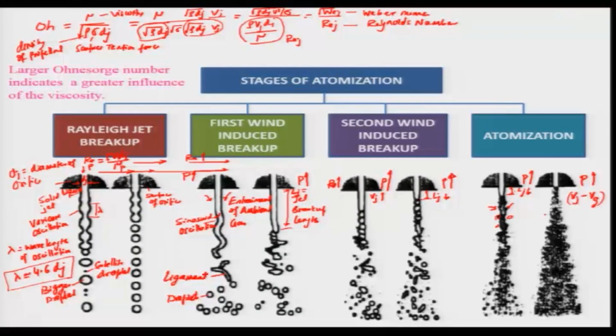So, the atomization is quite good, and it also occurs in a certain cone. This will give you a uniform droplet distribution as compared to the second wind induced breakup or the first wind induced regime. Therefore, it is important to have the atomization regime to get a better spray, particularly in rocket engine application.